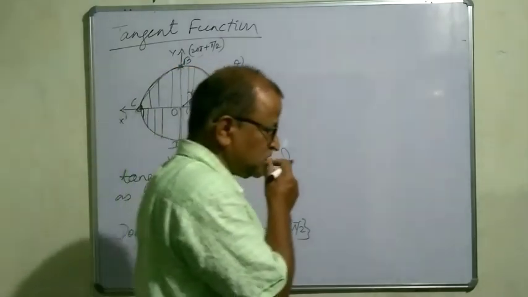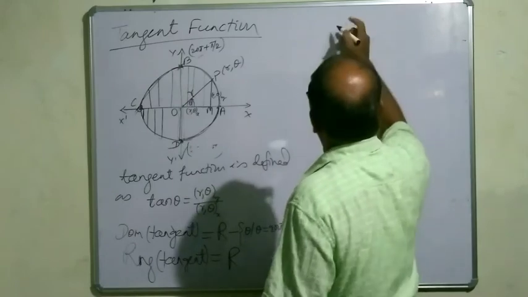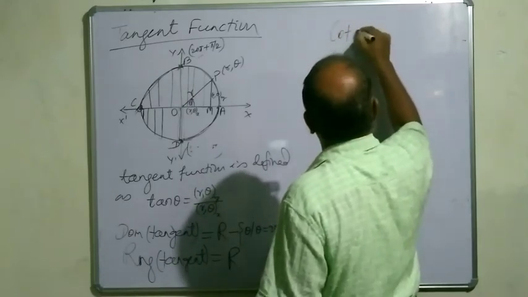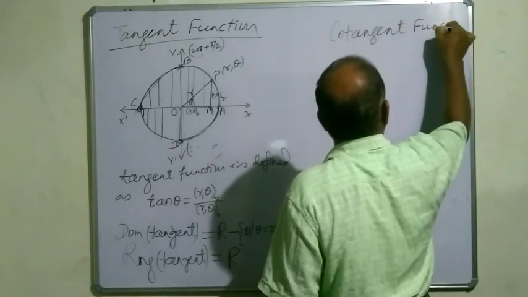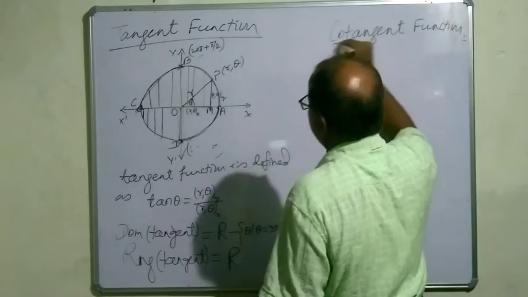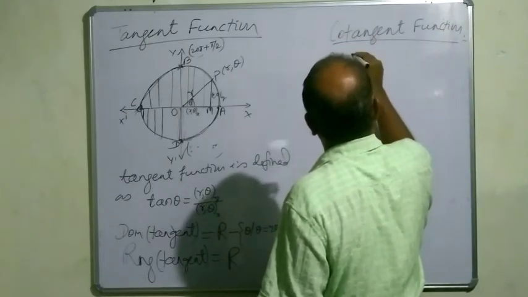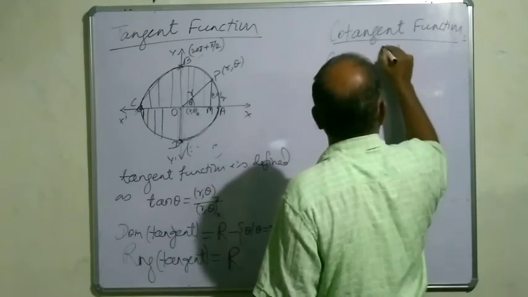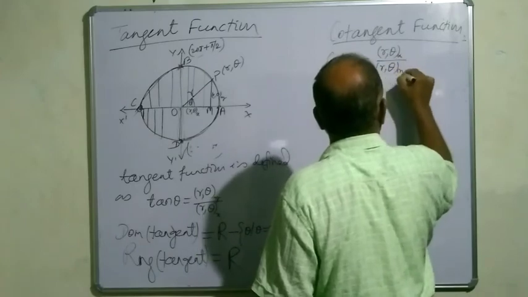Let us discuss the cotangent function. Cotangent function is defined as cot theta, which is just the reverse, r theta x by r theta y.